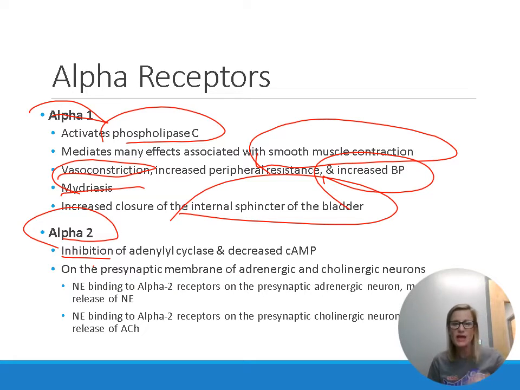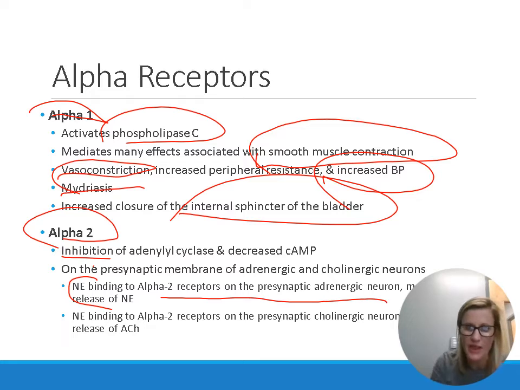What that does is it decreases, or modulates, the release of the norepinephrine.